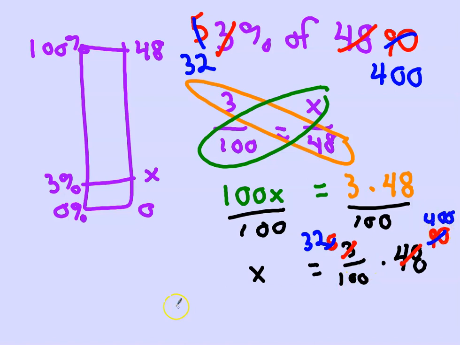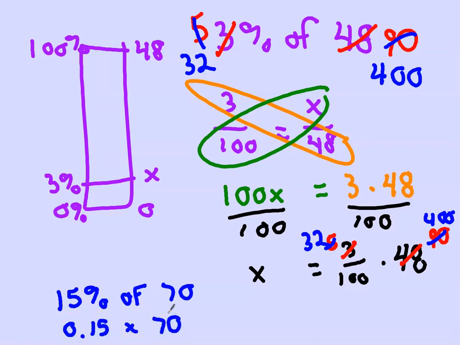So we just said, look, how about if we just do the percent, let's just write 15% of 70. How about if we just make that into a decimal by dividing by 100 and multiply by 70 and get our answer? Okay?